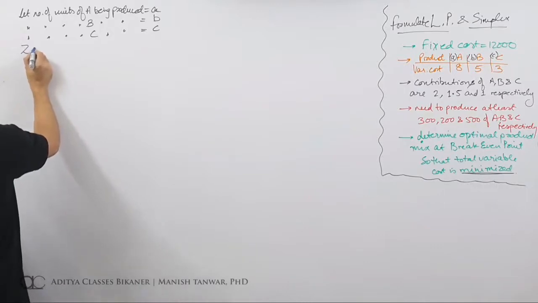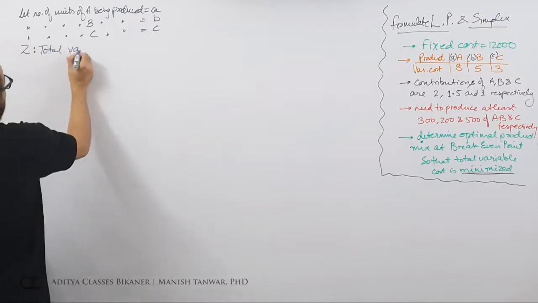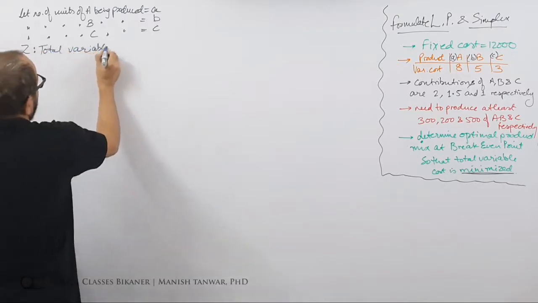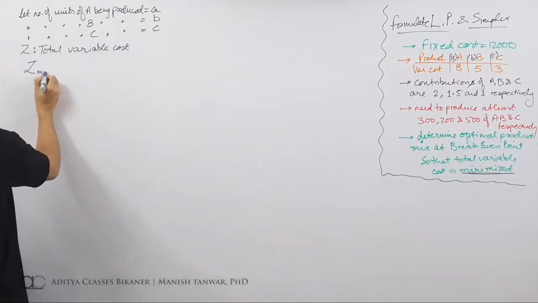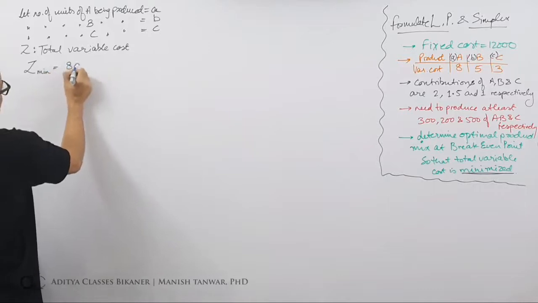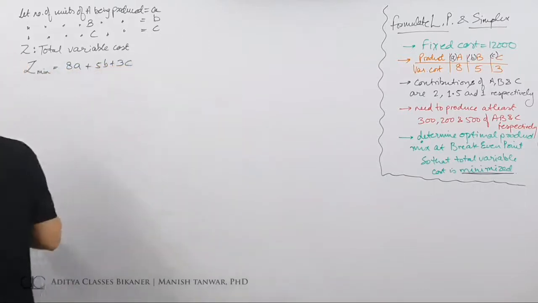Capital Z is total variable cost, and my objective function would be Z min is equal to 8A plus 5B plus 3C.